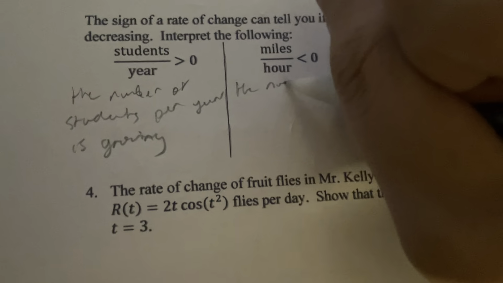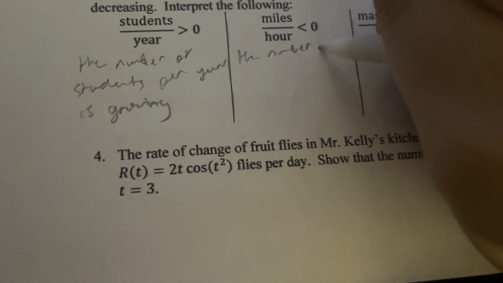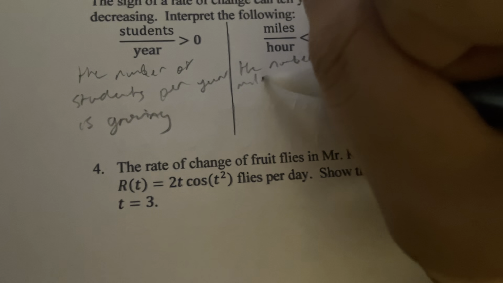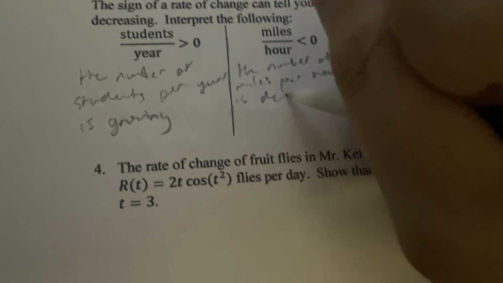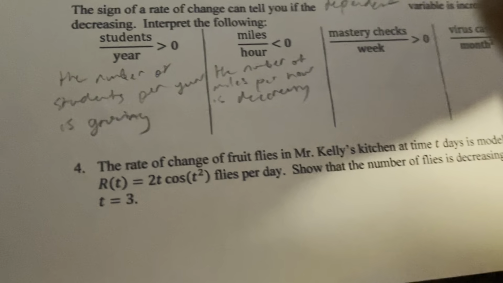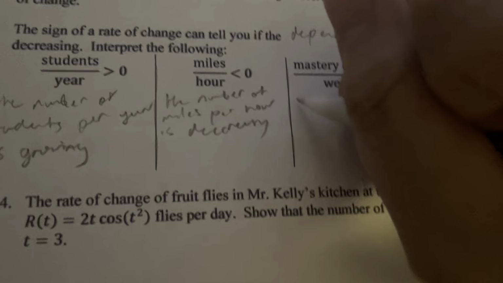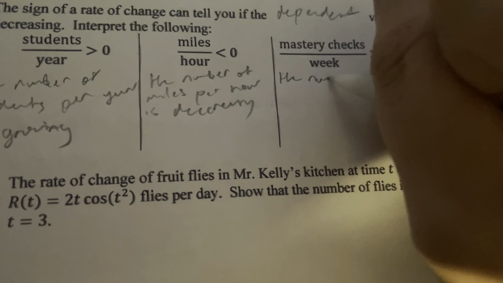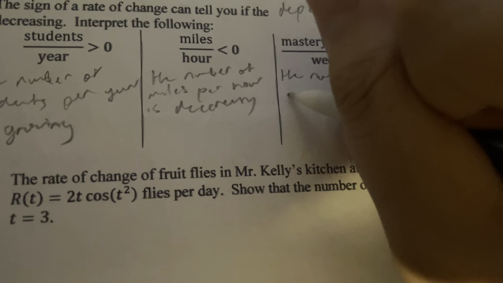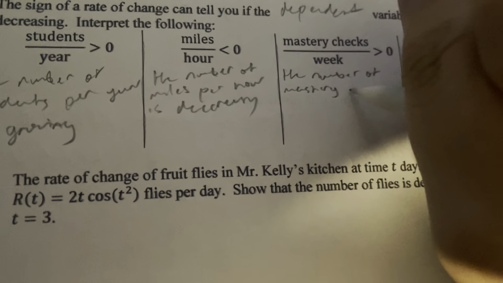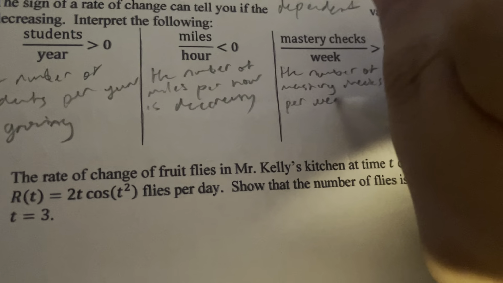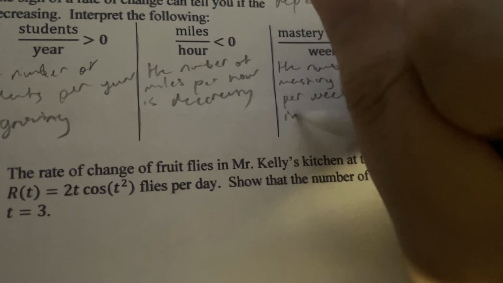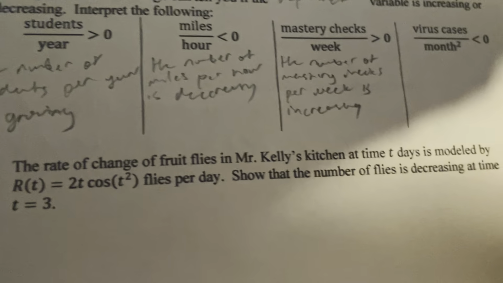So the number of miles per hour is decreasing. The number of mastery checks per week is increasing.